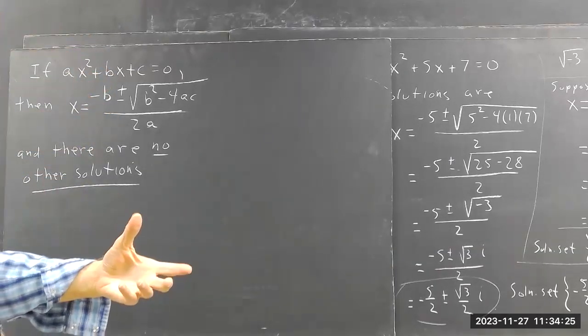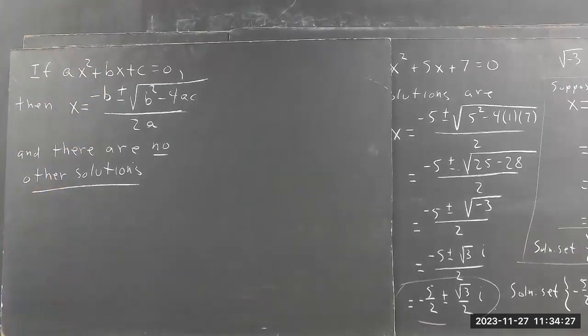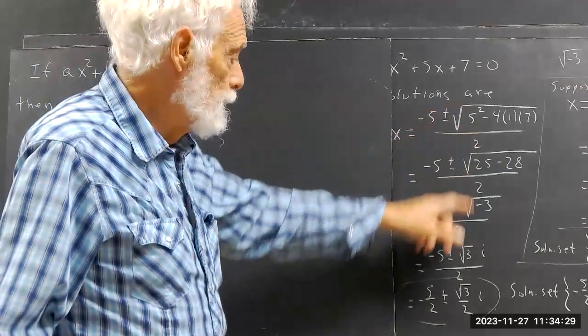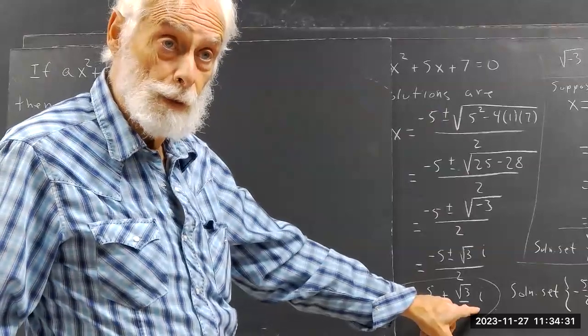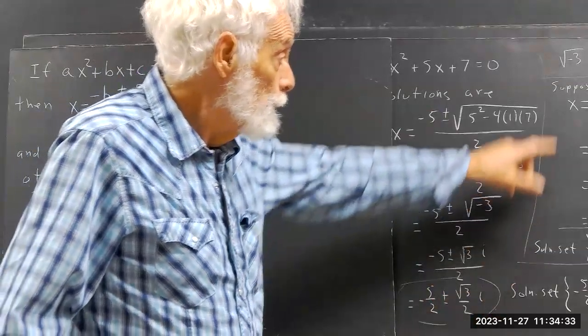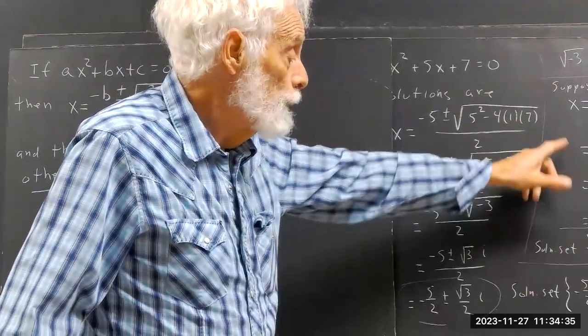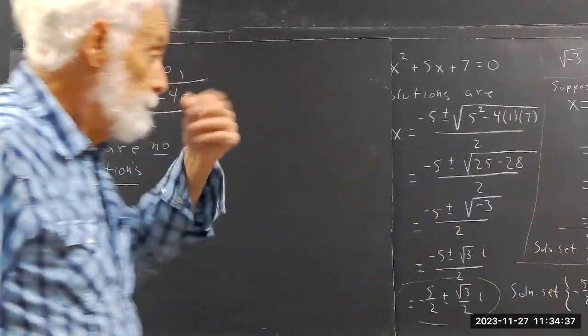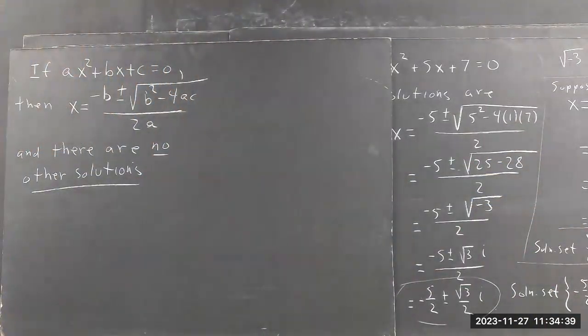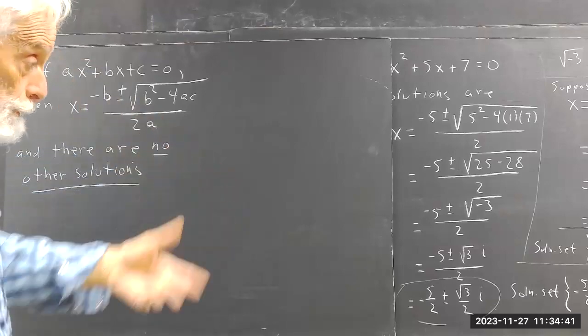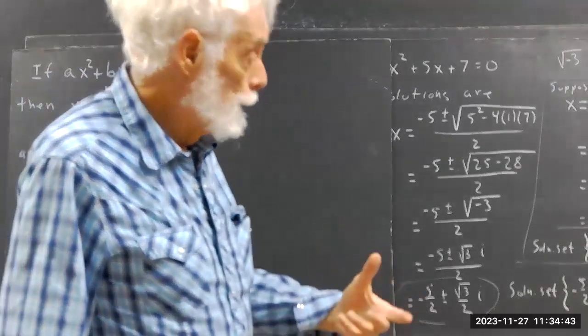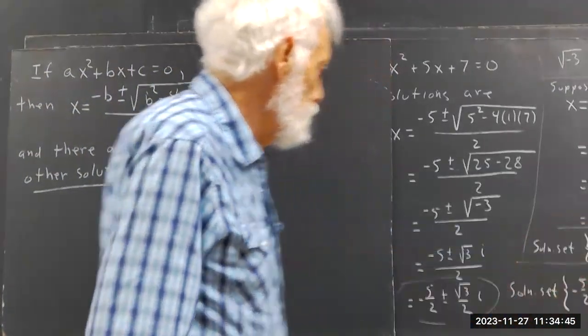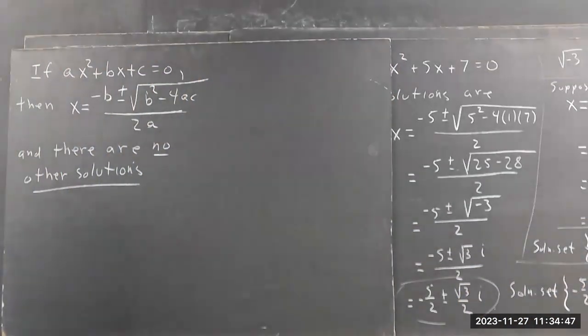Maybe they're real and maybe they're complex, because we could get an expression like this that gives us a complex number with i on it. We could have it like this where we get two numbers that are real, even though they're irrational. And we'll talk a little bit more about what we mean by irrational.